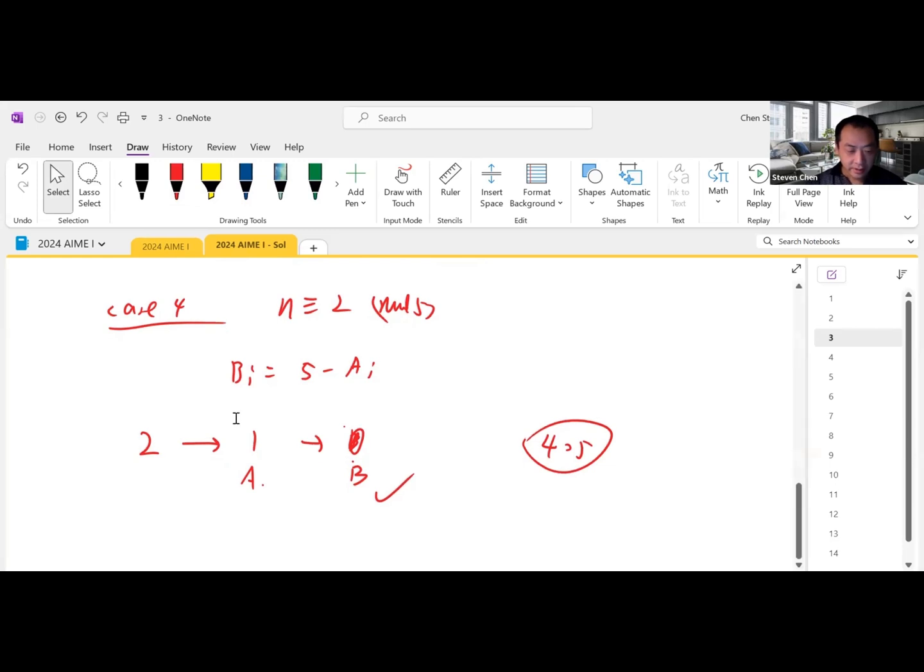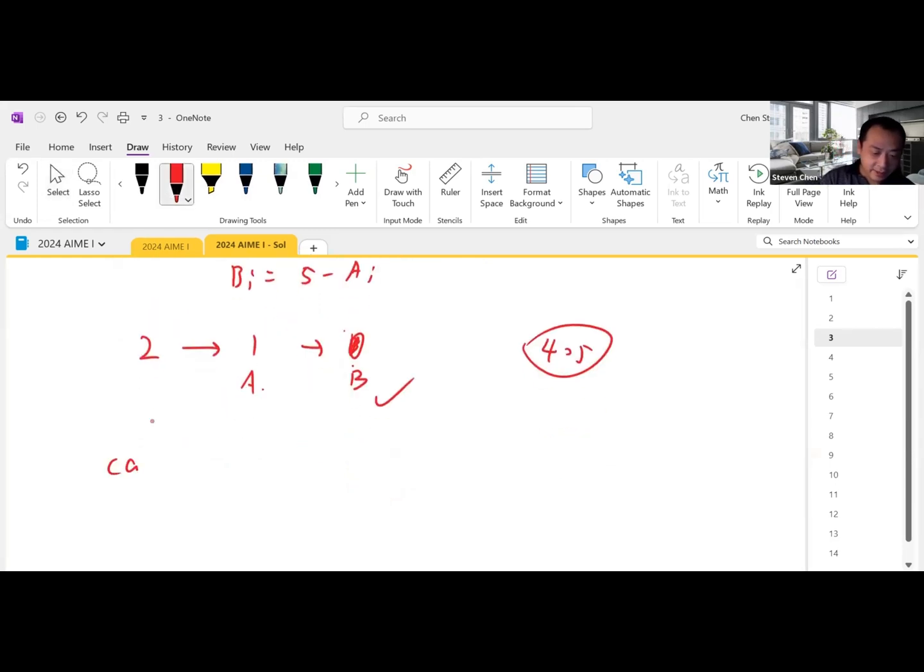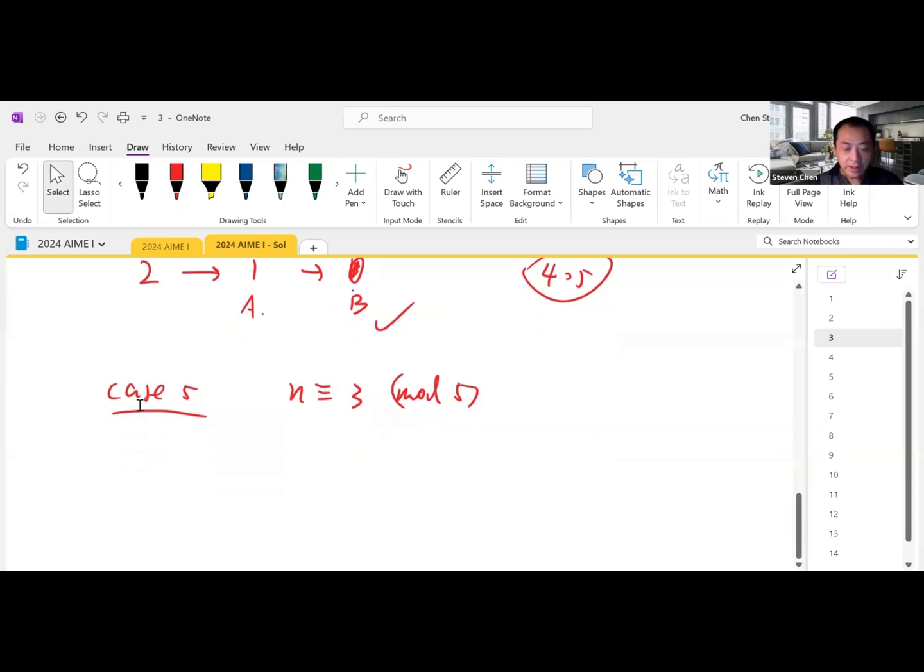All right. Finally, let's look at case 5. That is n congruent to 3 mod 5. So for this case, let's consider Alice's following strategy. Alice begins with taking out 1 token.